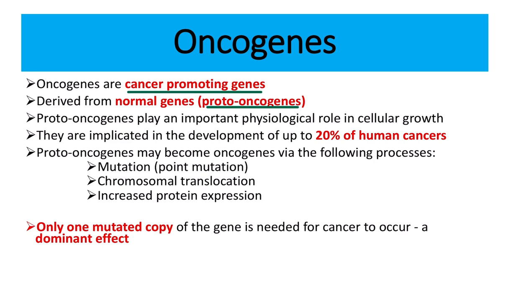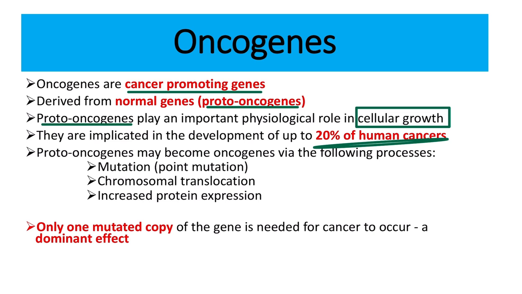The proto-oncogene plays an important physiological role in cellular growth. But when this proto-oncogene is mutated or destroyed, the cellular growth hugely increases, and they are implicated in the development of 20% of human cancers.